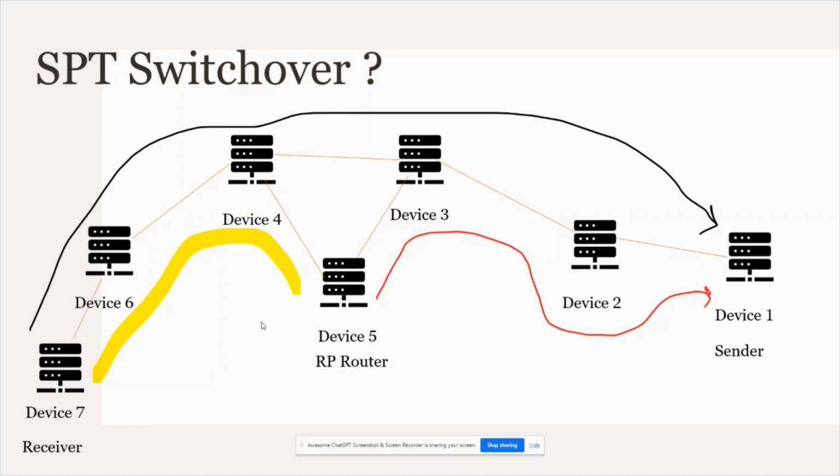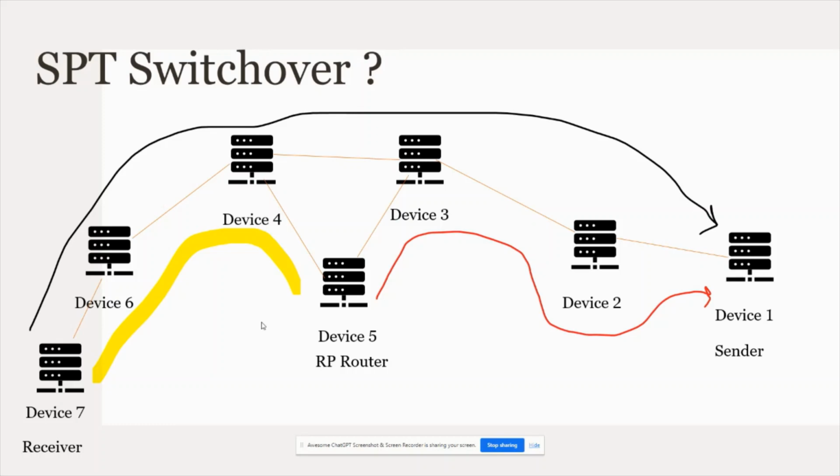So the shared tree is the combination of two shortest paths, from device 7 to 5 and from 5 to 1. The overall shortest tree is from device 7 to device 1, marked in black, so it won't touch device 5. Once the shortest path is known, device 5, the RP router, sends a prune message to all the connected interfaces.